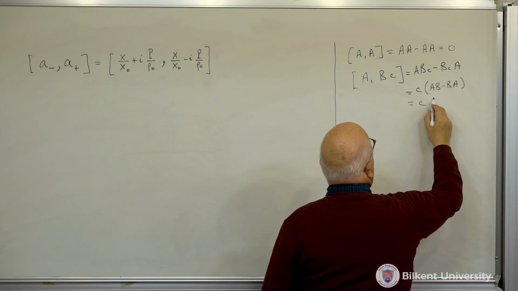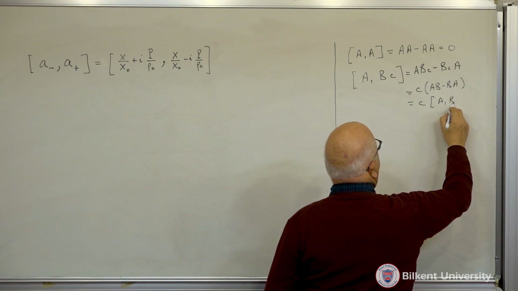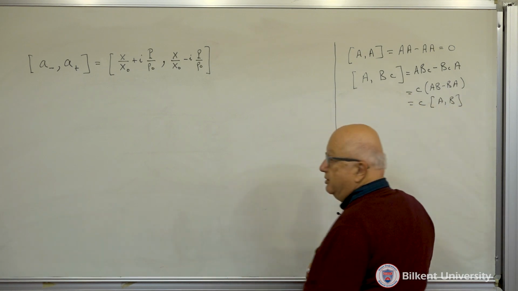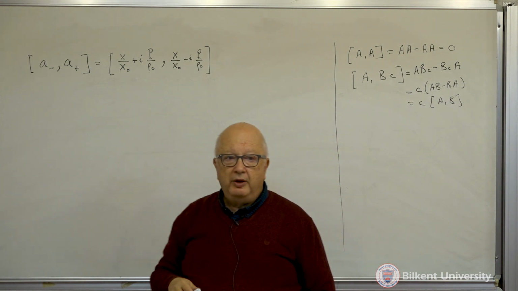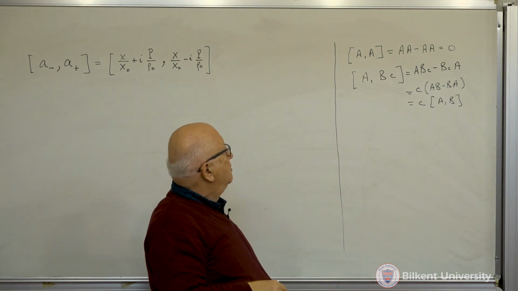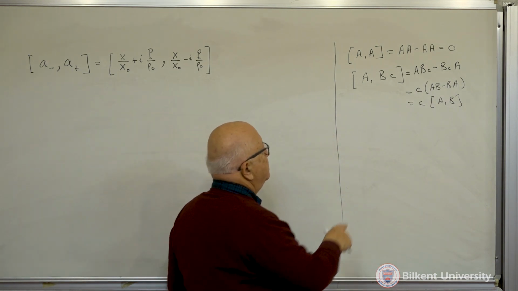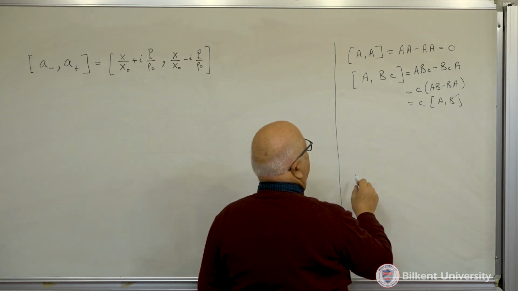So I get C times the commutator of A and B. So if I have constants, they just move out. Okay? So the constants just come out of the commutator.